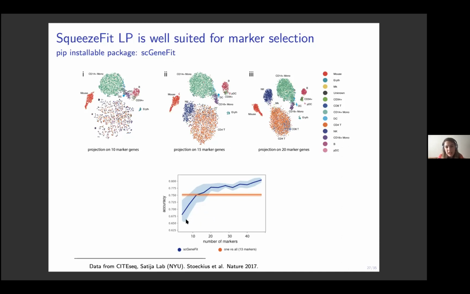And we can see that the accuracy of a classifier in a test set actually improves a lot when you allow for more markers than the number of classes. But still, the number of markers that we use is within what is needed for this problem.